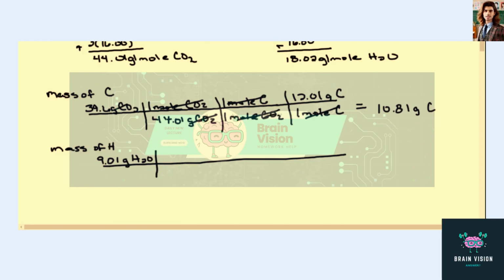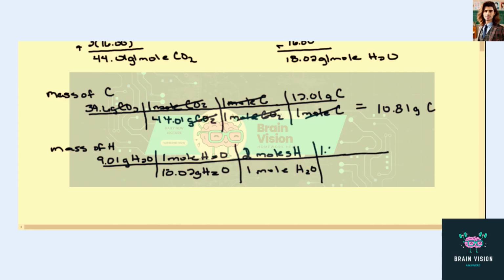And so we know there's 1 mole of H2O to 18.02 grams of H2O. We have 2 moles of hydrogen for 1 mole of H2O.